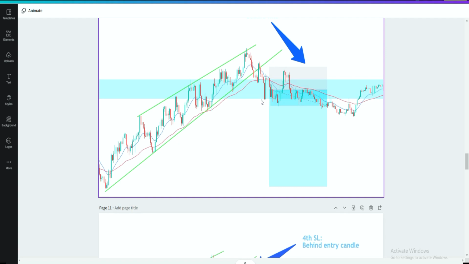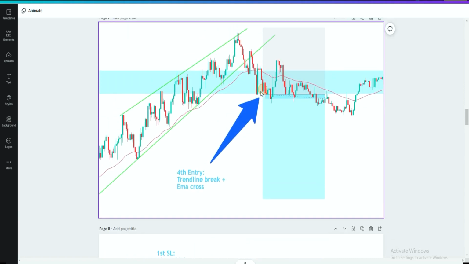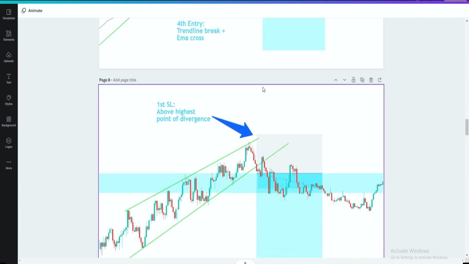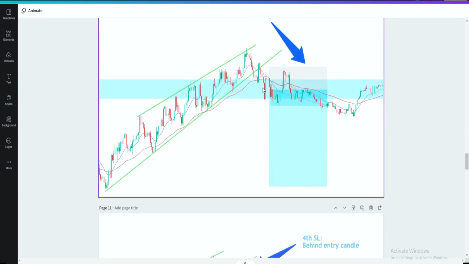Okay, so our entry would be right here on that second candle. So it would be this candle right here that we'd be entering on. So not only have we had that trend line break, but also the 14 has gone and crossed with the 50. That's a sign of downward bearish momentum.